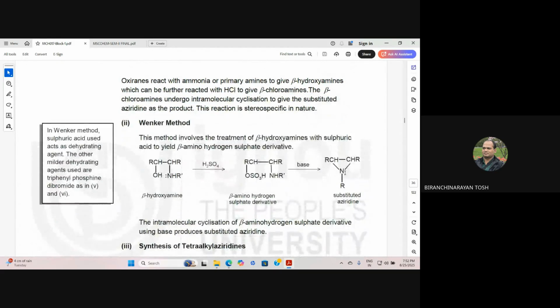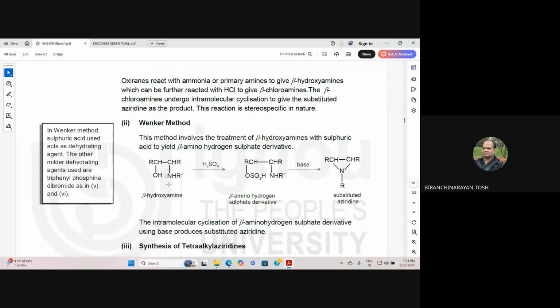Okay, then the Wenker method. In this case, the beta hydroxy amine, when it reacts with sulfuric acid, the hydroxyl group will be converted to a bisulfate derivative, OSO3H. So when we treat the bisulfate with a base, the H will be removed as sulfuric acid, and the bisulfate group will be substituted by nitrogen, forming the substituted aziridine.